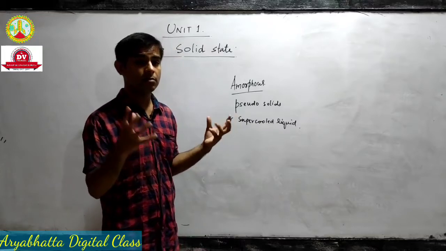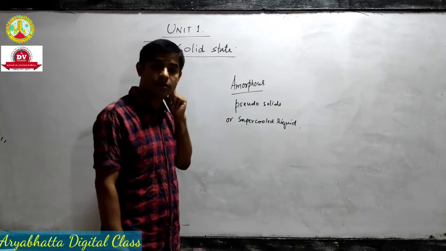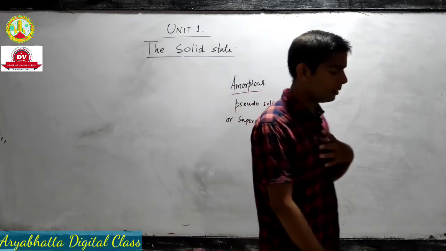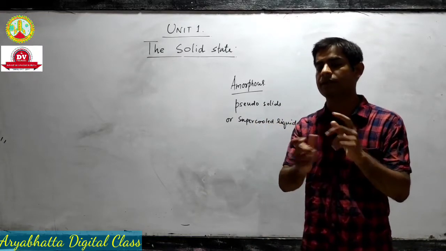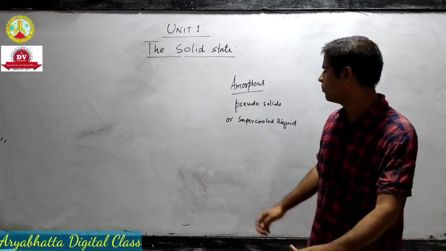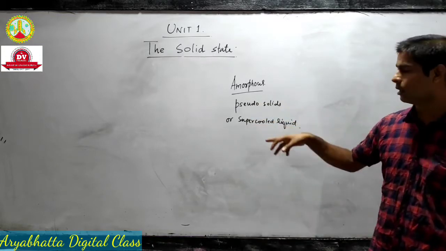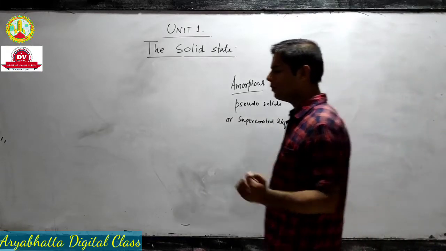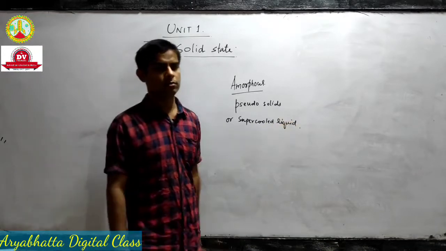Glass is isotropic in nature, because remember, for a particular glass, the refractive index is fixed. It is 1.5 for flint glass. It does not change if I change the observation angle. Now, the main thing about this pseudo solid or supercooled liquid is that an amorphous solid has a tendency to flow.